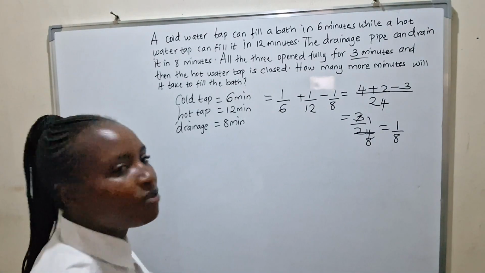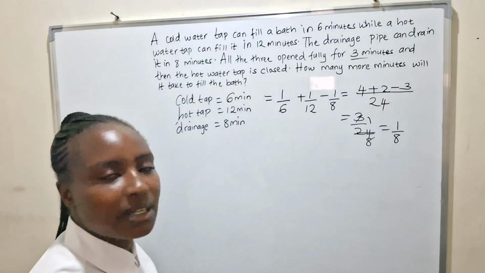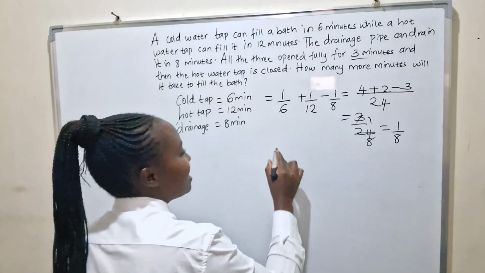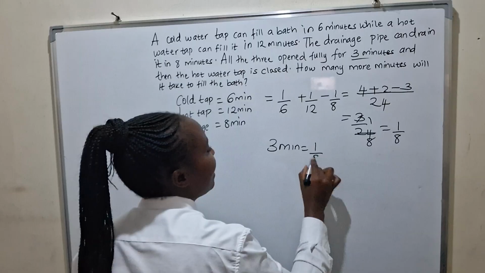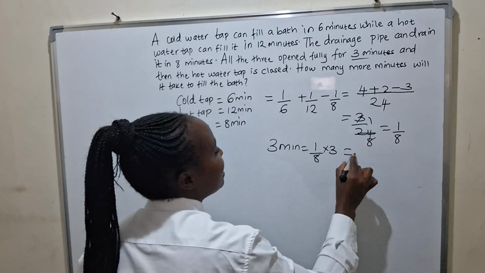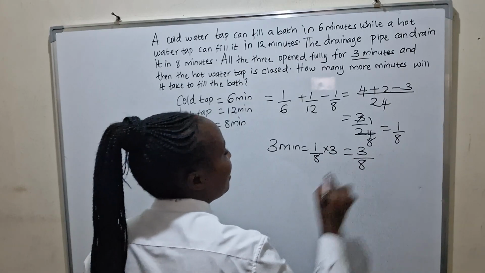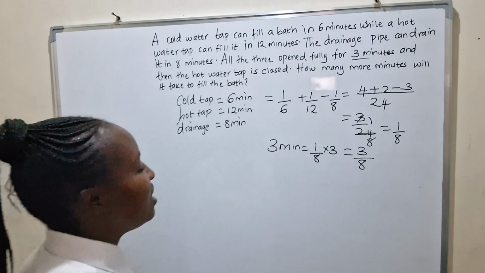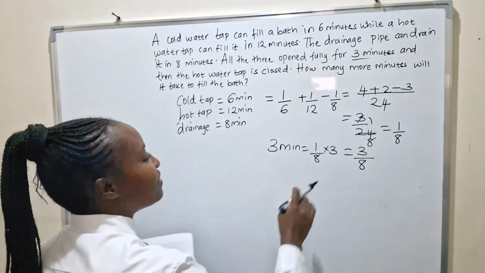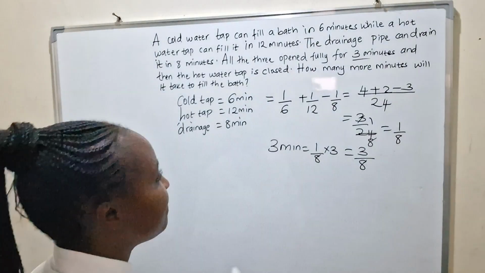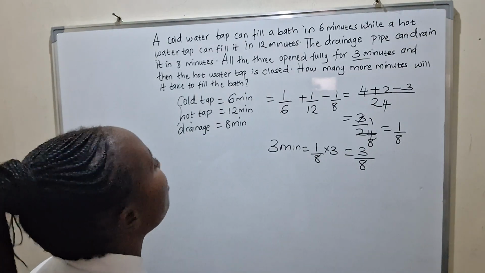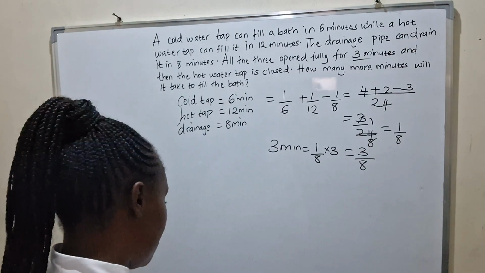So you ask yourself, what about for 3 minutes? It means you take 1/8 and multiply by 3. That gives you 3/8, right? So after the 3 minutes, it had 3/8 water, and the hot water tap is now closed.